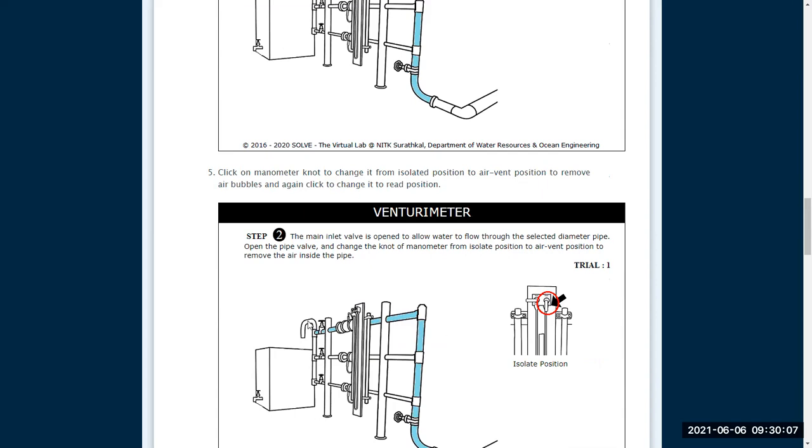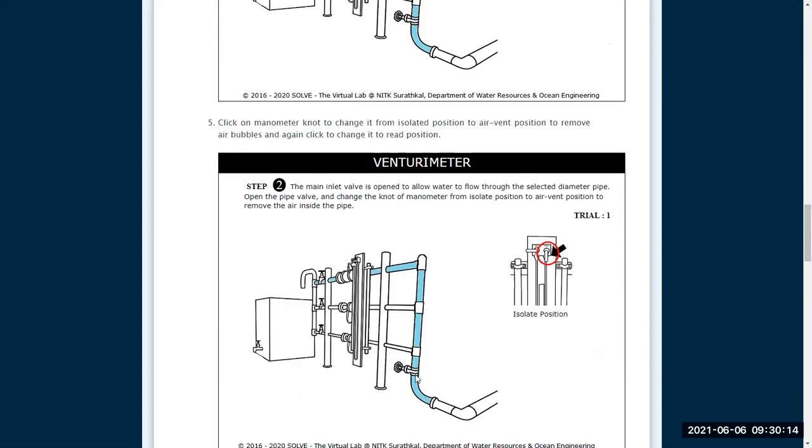After opening the discharge valve, water will flow through the pipe. As you see here, the blue color is nothing but the water flowing through the venturi meter. Before taking the reading, you have air vent valves. There are two valves attached to the manometer.